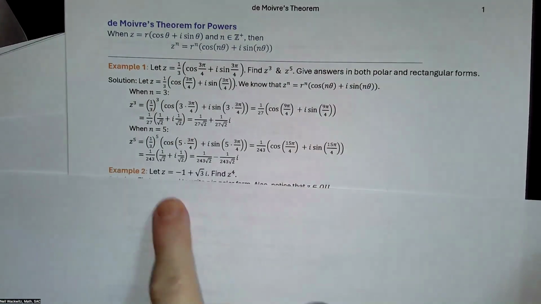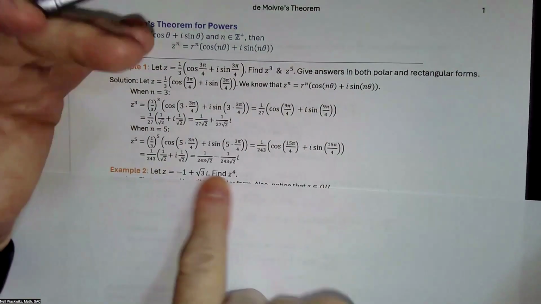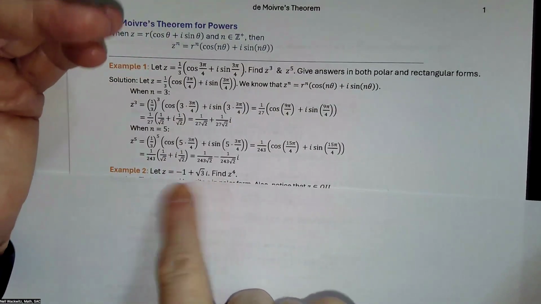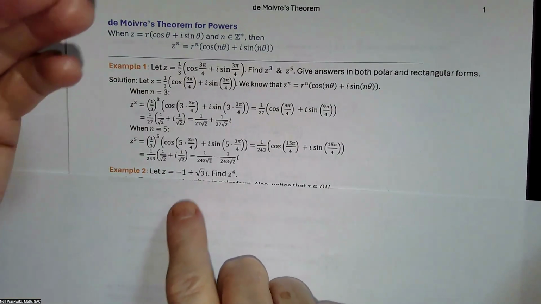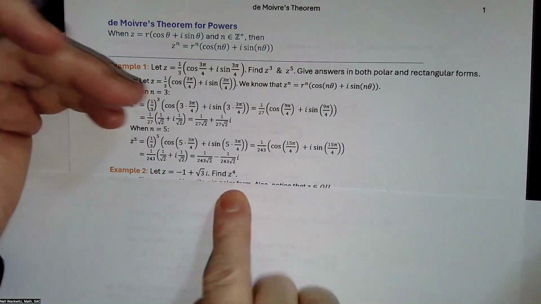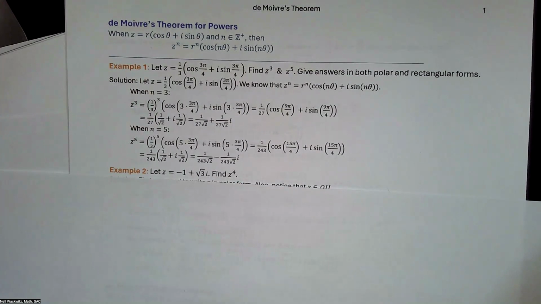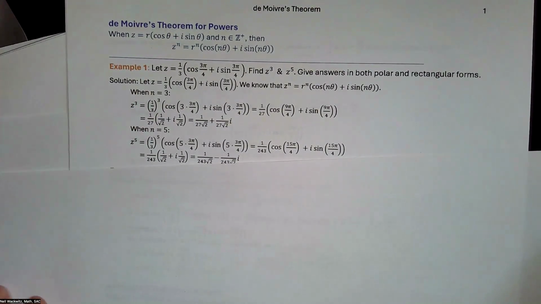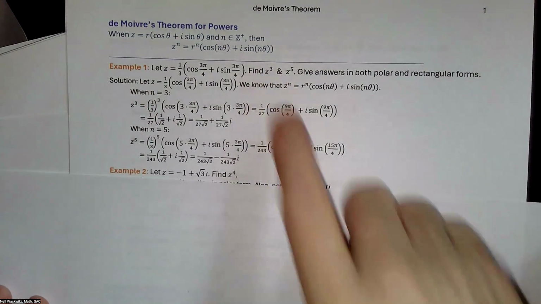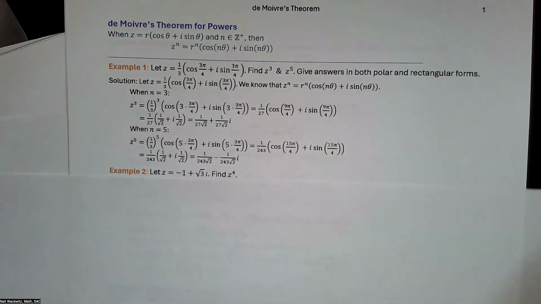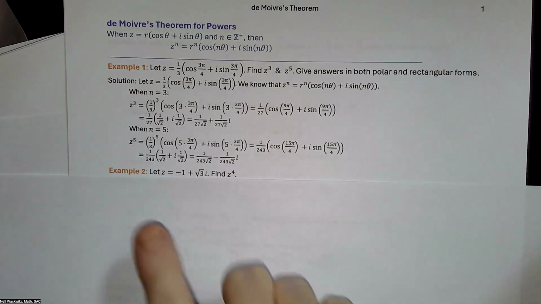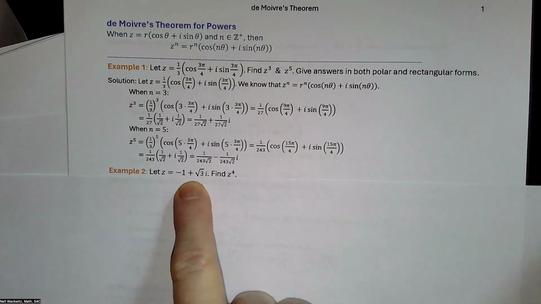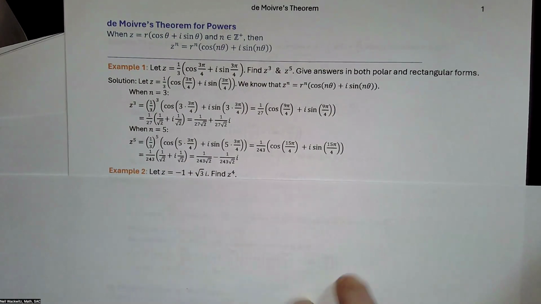So when we start with a number that is given in rectangular form, we want first to change this into polar form, and then we can easily find the power. And what we're going to do is find it using de Moivre's theorem, and then find it also by multiplying complex numbers just in rectangular form, and see which one is easier.